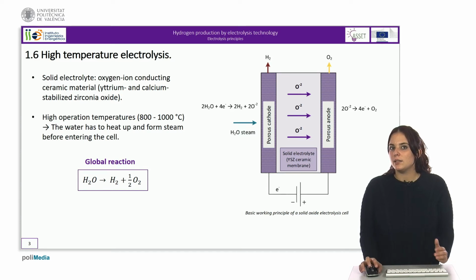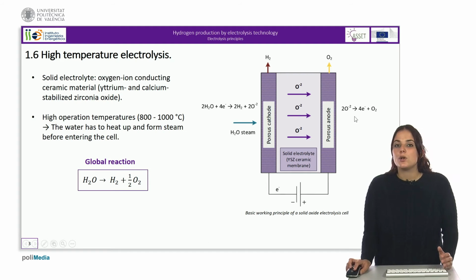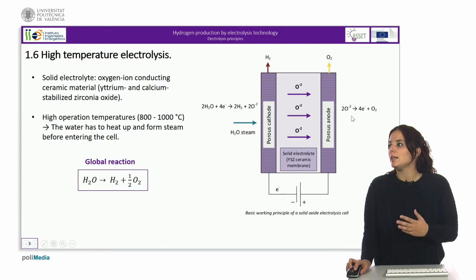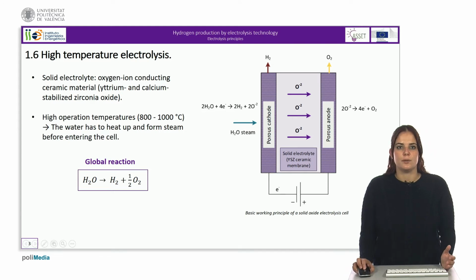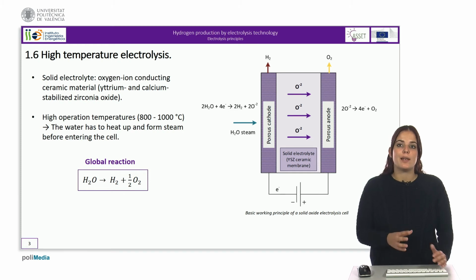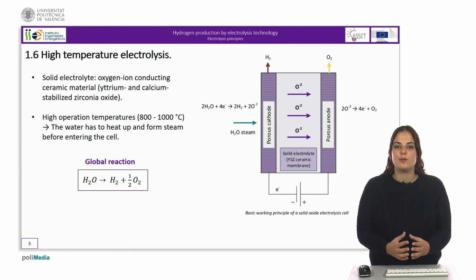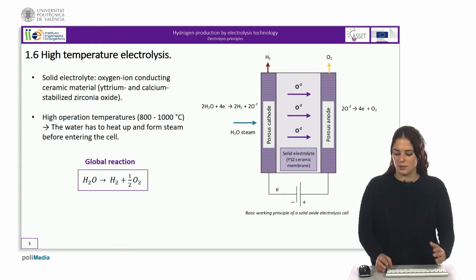Hydrogen is extracted as a product, and oxygen ions move towards the anode through the electrolyte. At the anode, the oxygen ion releases the 2 electrons and is transformed into oxygen. Due to the high temperature at which this type of electrolysis cell works, the water has to be heated up and form steam before entering the cell.